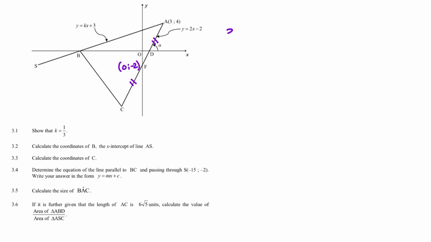So for question 3.3, we have F as 0 and -2, and we have A as 3 and 4. Let's use our midpoints. So the x of F is equal to the x of A plus the x of C, divided by 2.